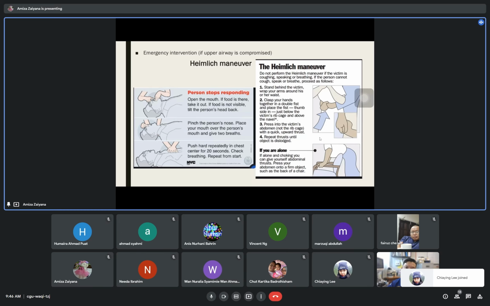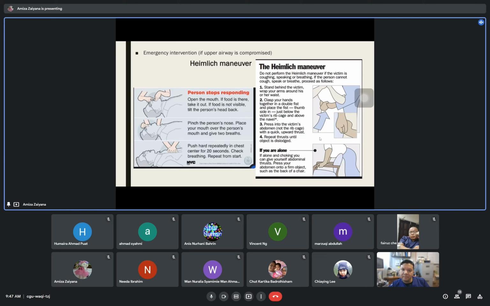If you are alone and choking, you can use any firm object around you, such as the back of a chair. That Heimlich maneuver is for a patient who is fully conscious. But if the patient becomes unresponsive, we open the mouth, and if we can see the object causing the obstruction, we take it out ourselves. If we can't see it, we tilt the person's head back, pinch the nose, place our mouth over the person's mouth and give 2 breaths. If the patient is still unwell, we proceed with CPR.